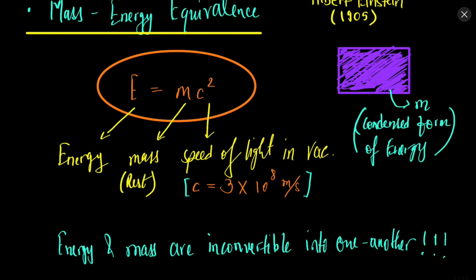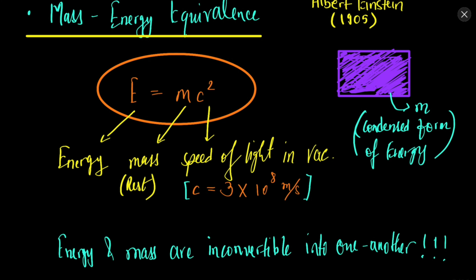For example, let's say we have a chalk piece or a duster, so it has some mass. This mass can be converted into pure energy. Any object having any mass can be converted into pure energy. So the mass is the condensed form of energy.